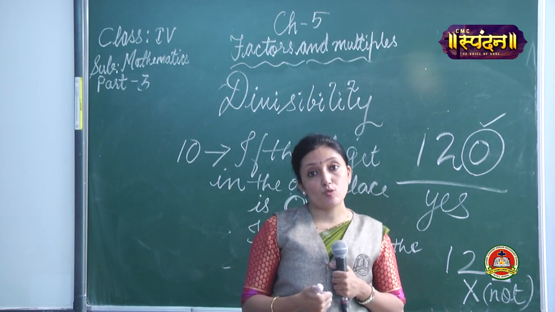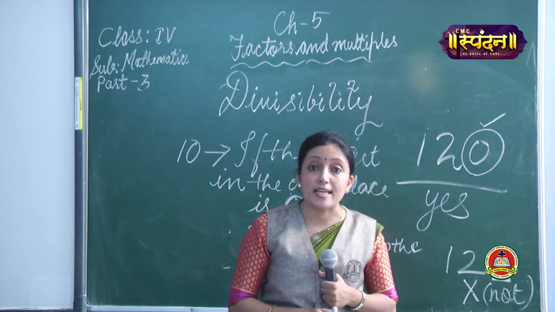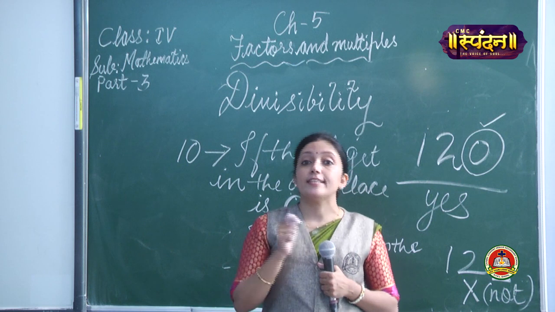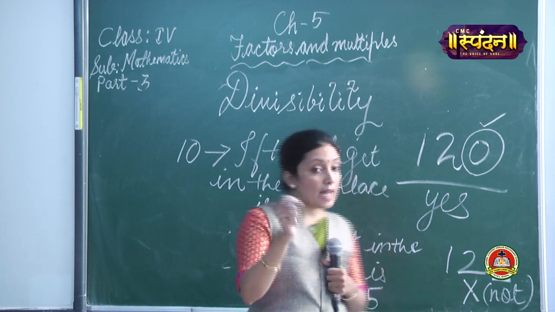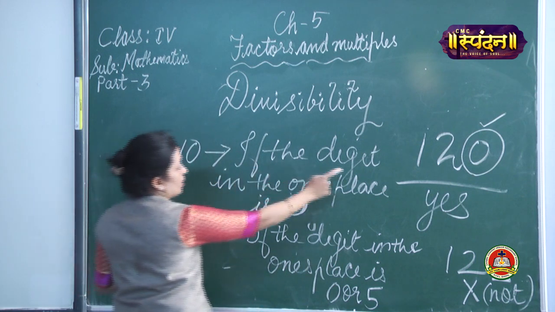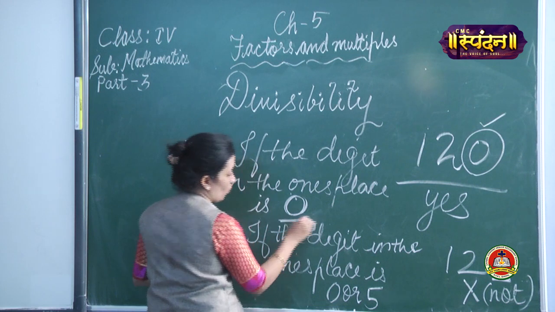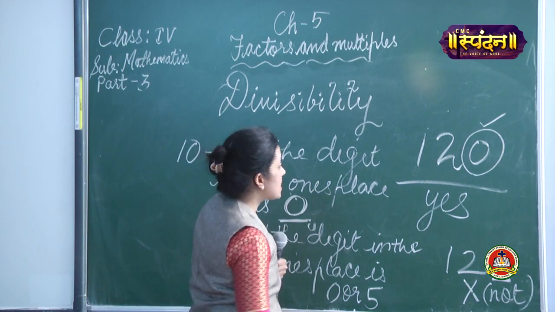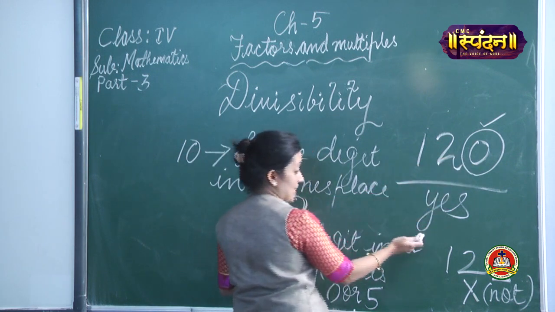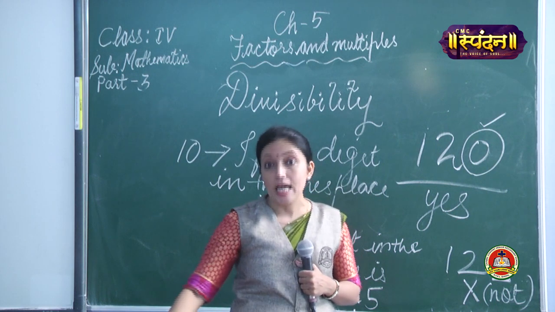The next one was 5: if the digit in the ones place is 0 or 5, then only that number is divisible by 5. And the last one: if the digit in the ones place is 0, only 0, then only that number is divisible by 10. If I have any other digit, it is not divisible by 10.